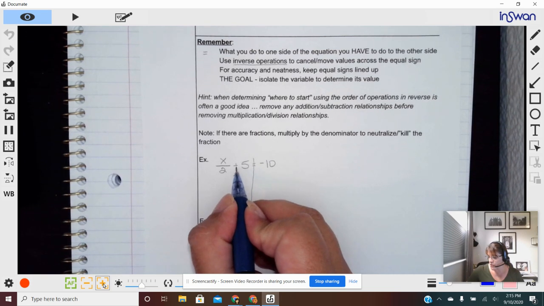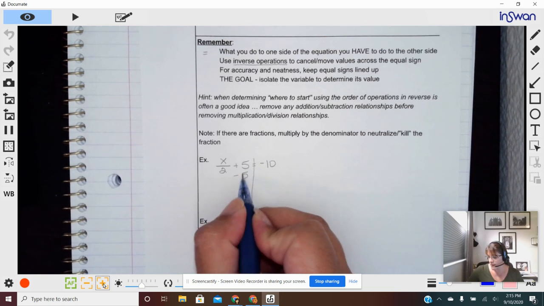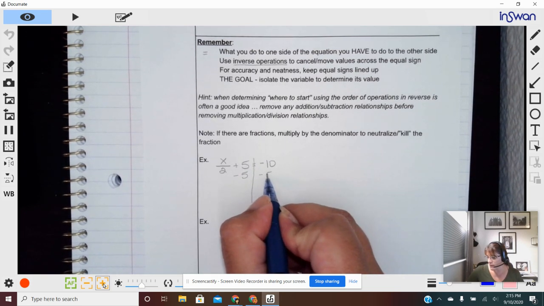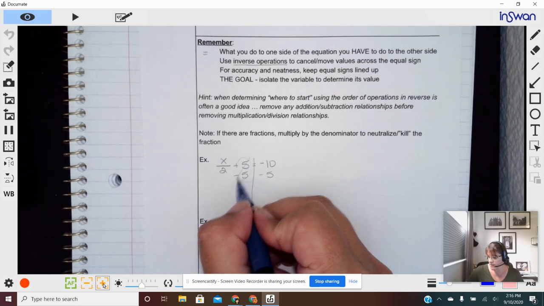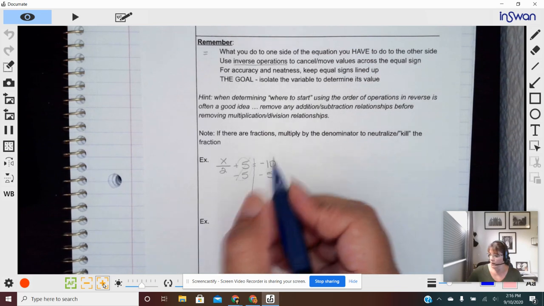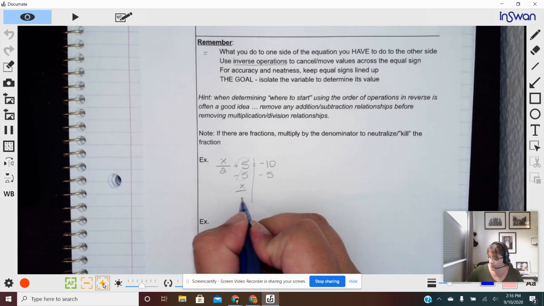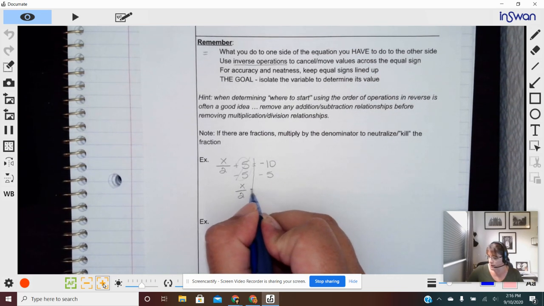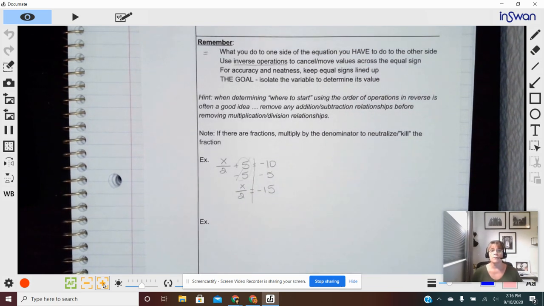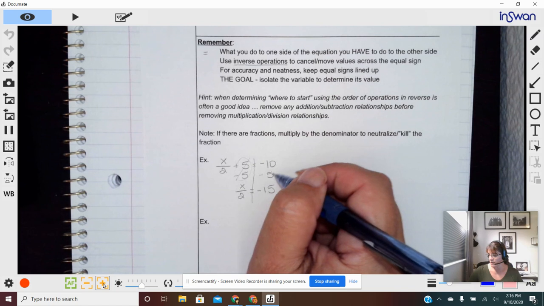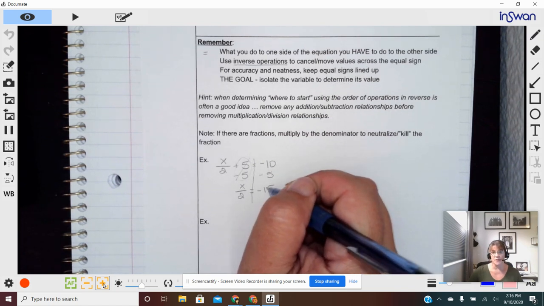The inverse operation of plus 5 is negative 5. So I do it on both sides. These cancel out. So now I have x divided by 2 equals negative 15, because a negative 10 and a negative 5 is now negative 15.